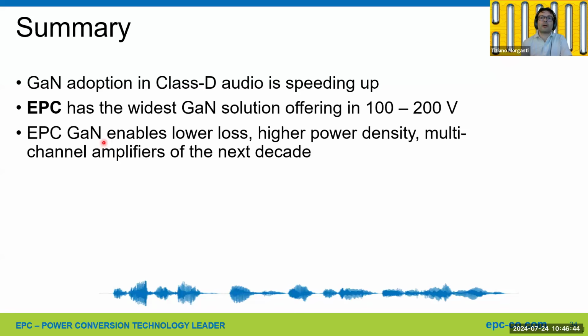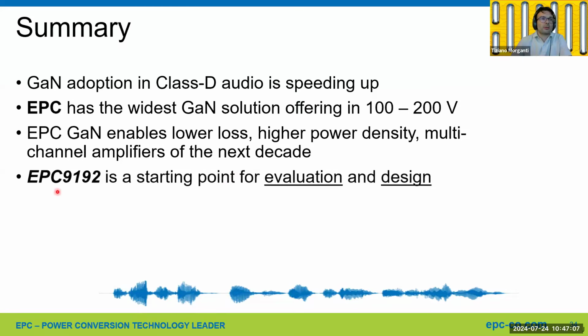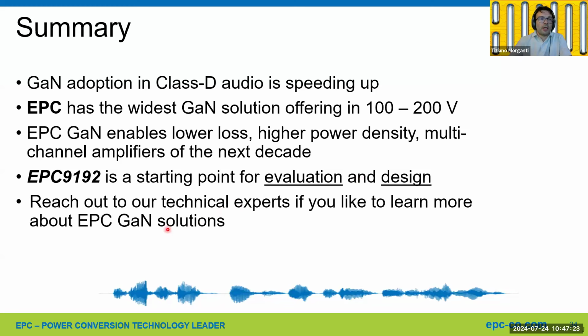But we have also in some lower power the chip scale parts in 100 volts, so EPC2204 and EPC2059. So we can enable a lower loss, higher power density, so smaller amplifier, which can be integrated into multi-channel products. And also the EPC9192 is a very good starting point for evaluation, and also by getting the design files to design the customer solution. And you can reach out to us to know more about EPC GaN for Class-D audio.